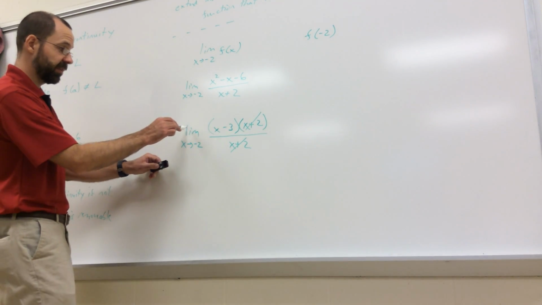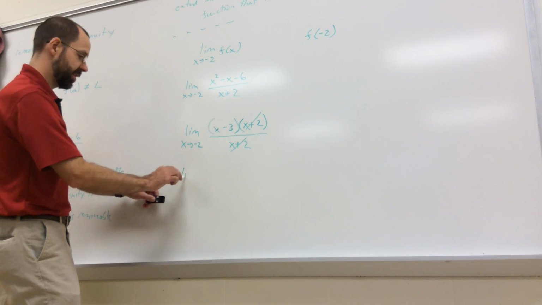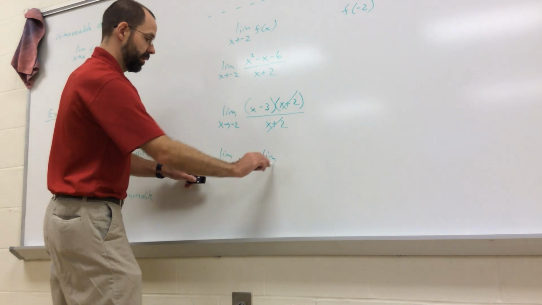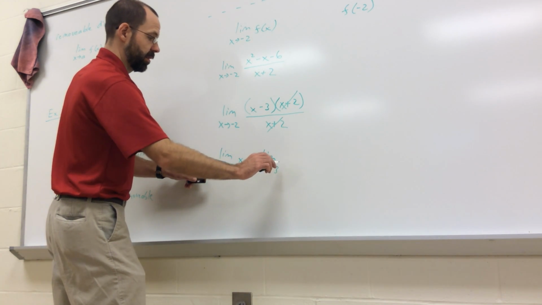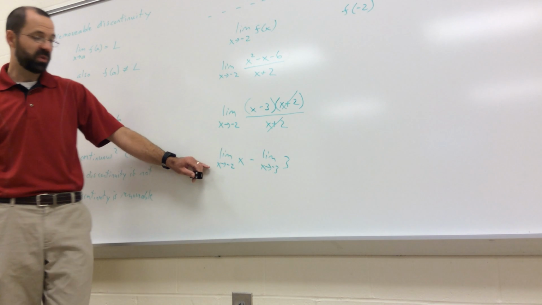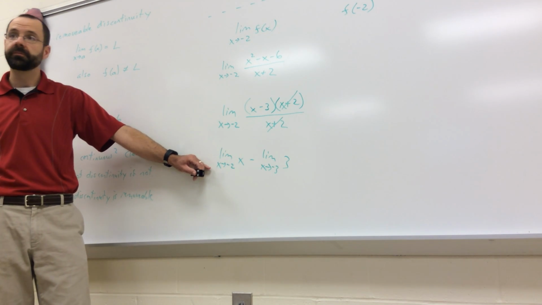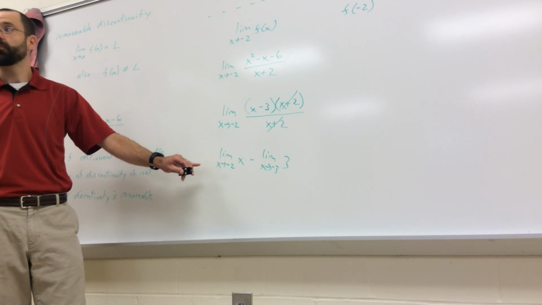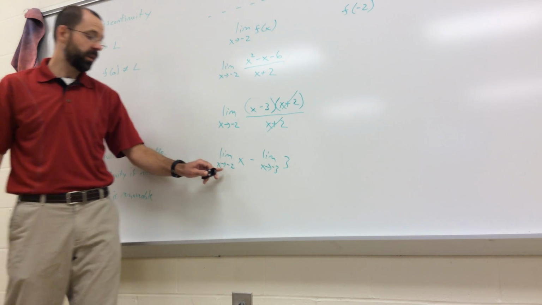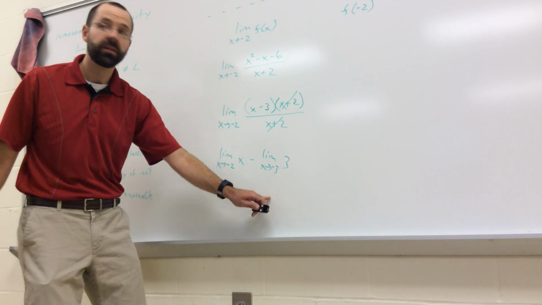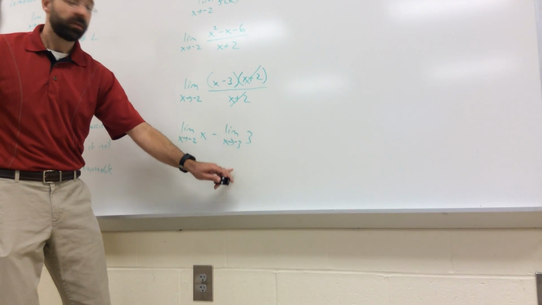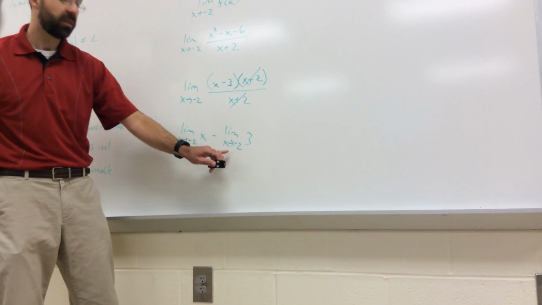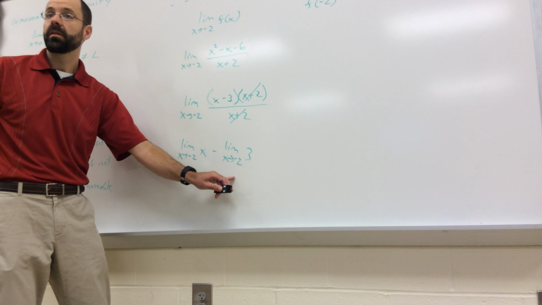Okay, then limit laws, limit of x and limit of -3. So moving the limit past the minus now. What is the limit of 3? Oops, I miscopied this, didn't I? Sorry about that. What's the limit of 3? 3, right?